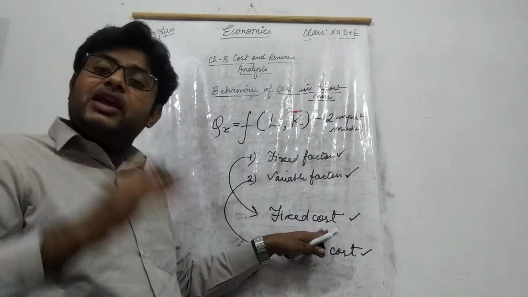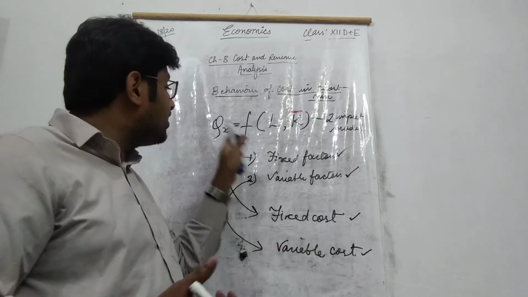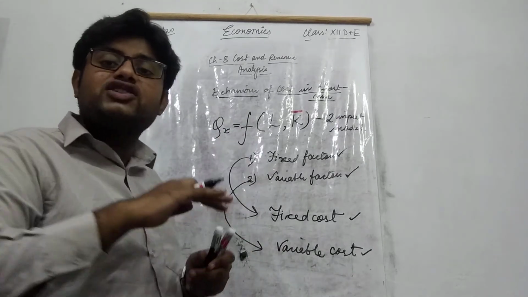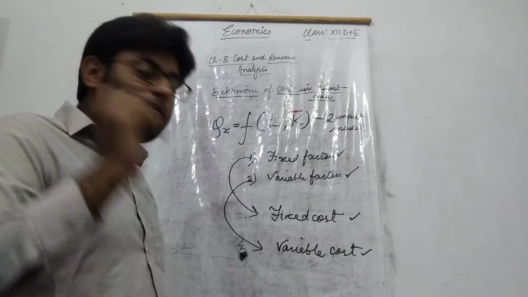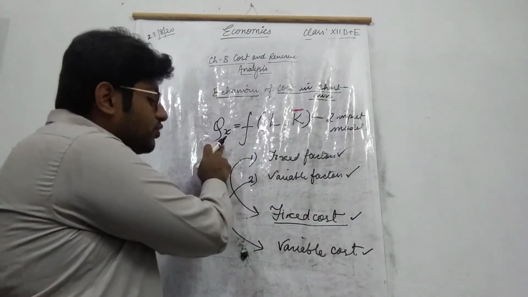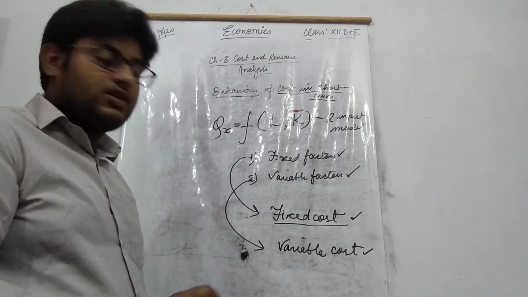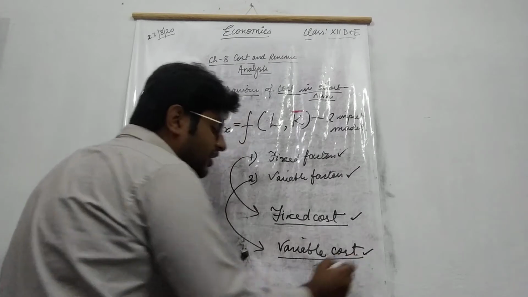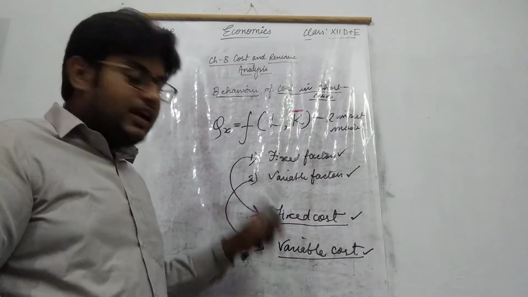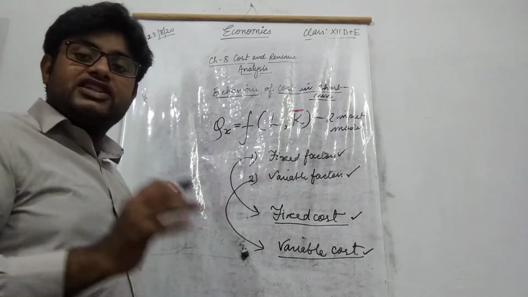Fixed factor will remain constant. It will have just a constant effect on our output because it remains constant all through. So remember that fixed factor has a constant effect on the output. That means it does not affect the output in the short run, whereas your variable factor affects the output. It determines the output in the short run. Alright, this must be clear.